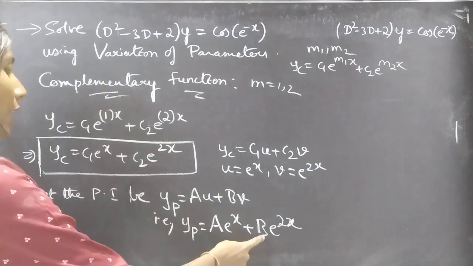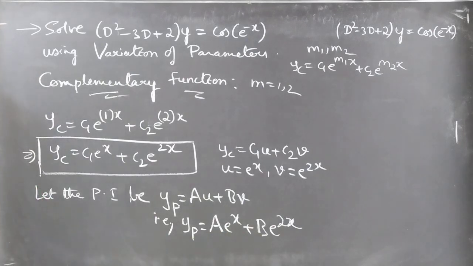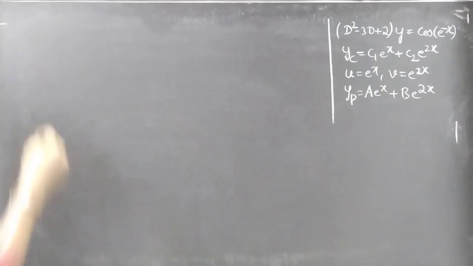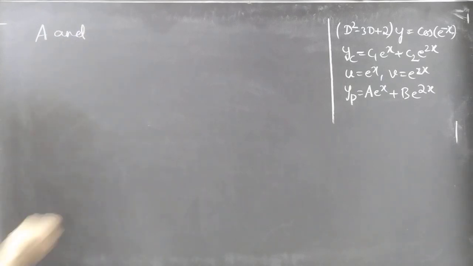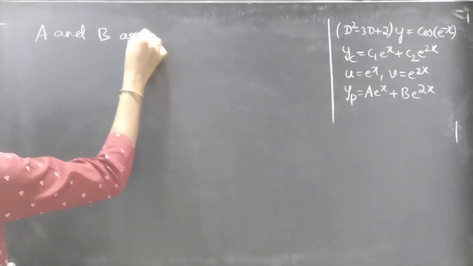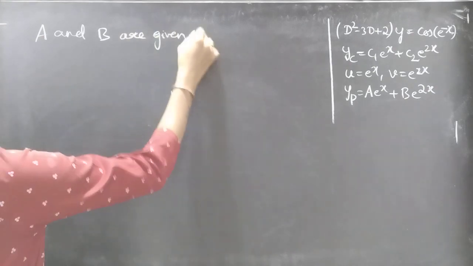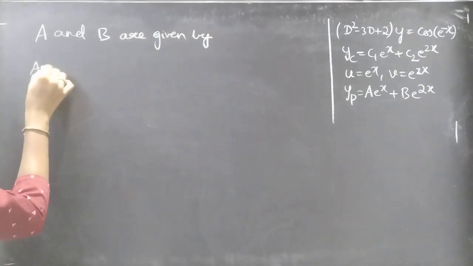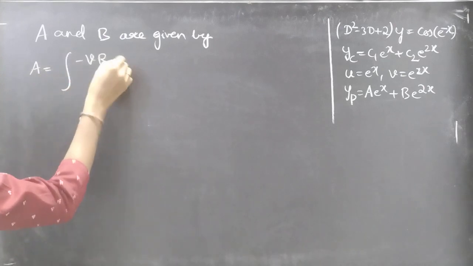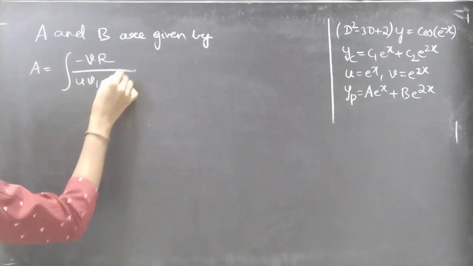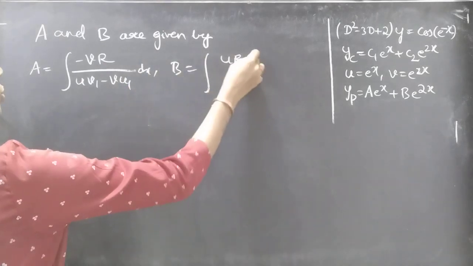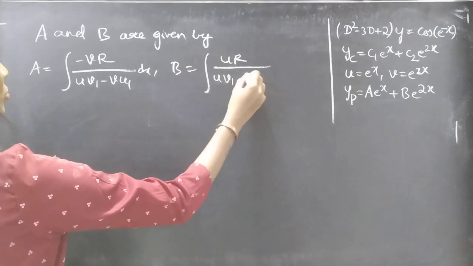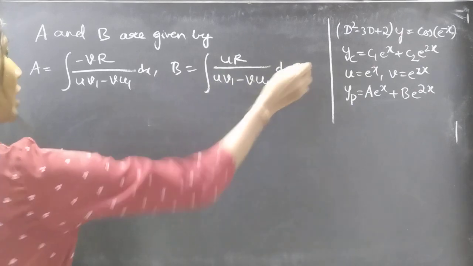Now we'll find a and b using the formula given by the variation of parameters method. A and B are given by a = ∫ −vR/(uv1 − vu1) dx, and b = ∫ uR/(uv1 − vu1) dx.